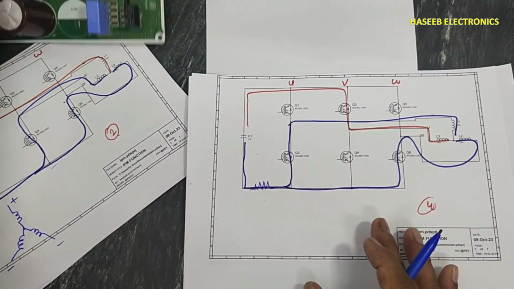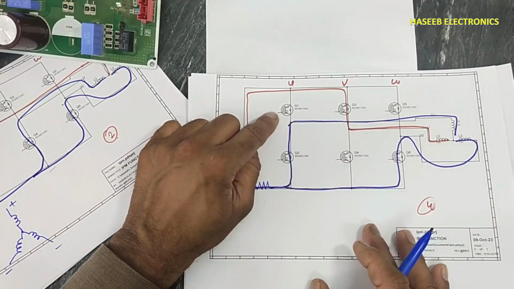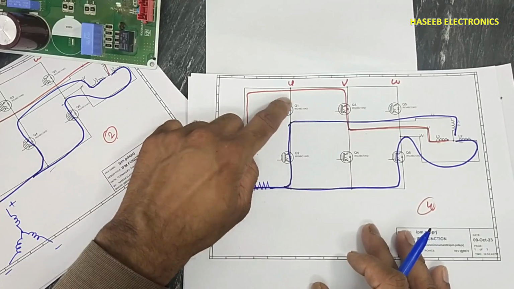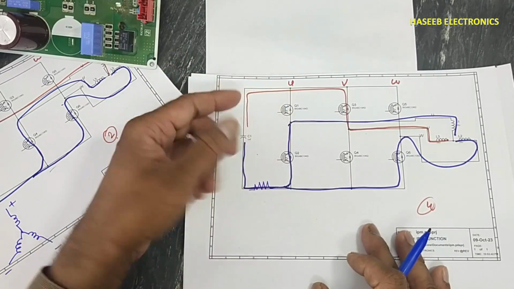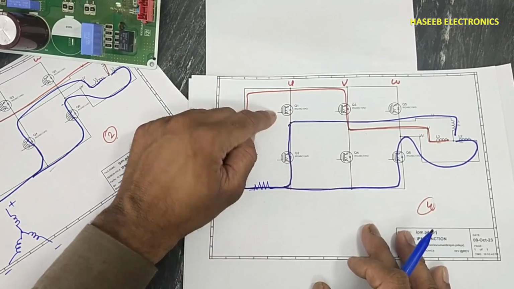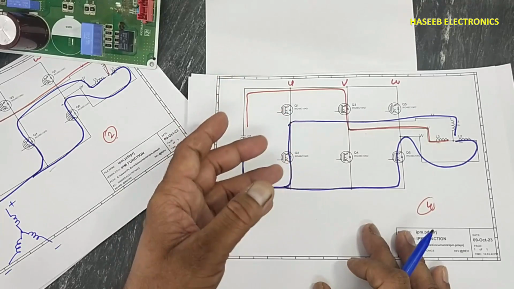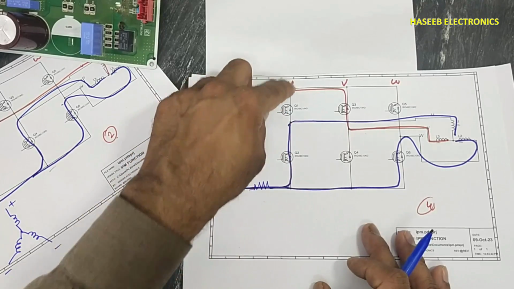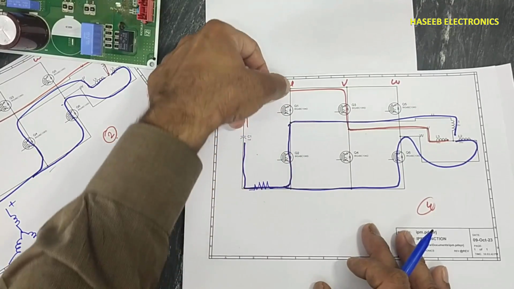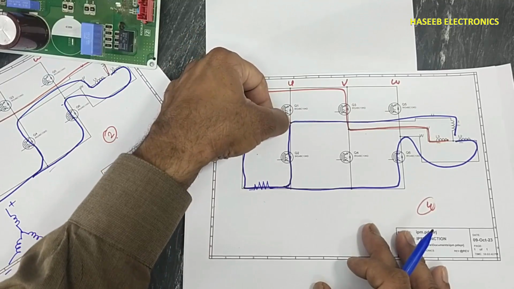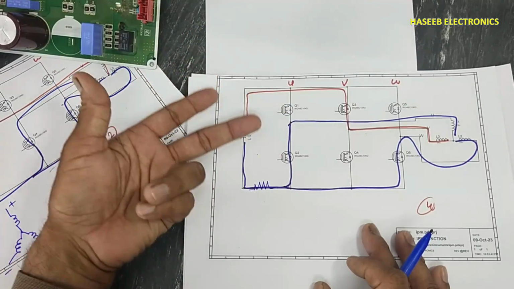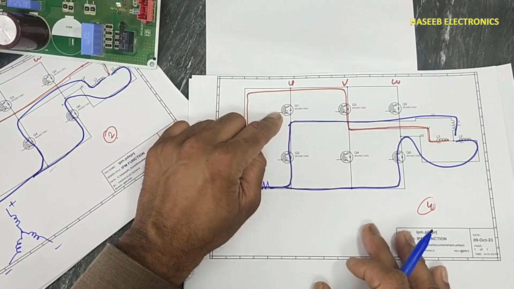Why this high current? This IGBT was short circuited, damaged, its body diode short circuited, or might be its gate is permanently on, it is not discharged, it is turned on. When it is turned on, positive voltage is switched here. Any one IGBT, high side or low side, or might be its bootstrap circuit is bad.